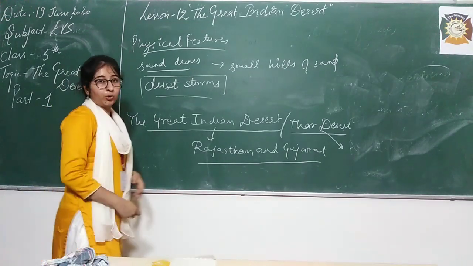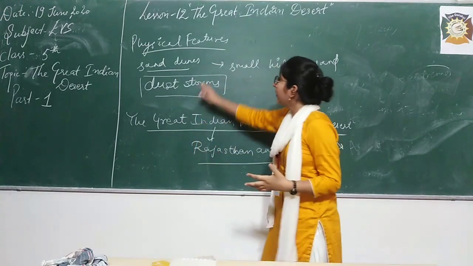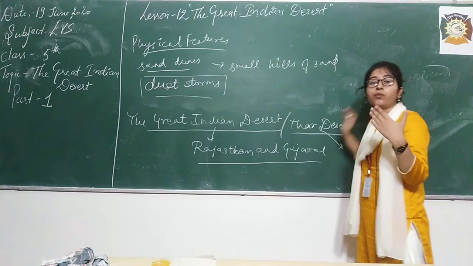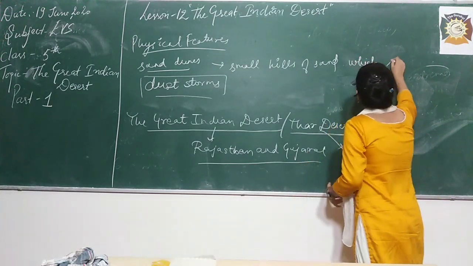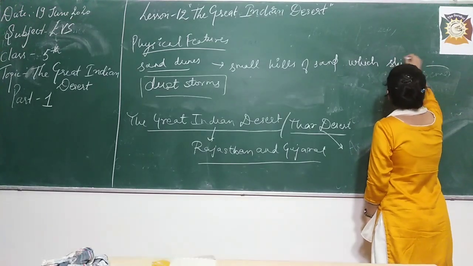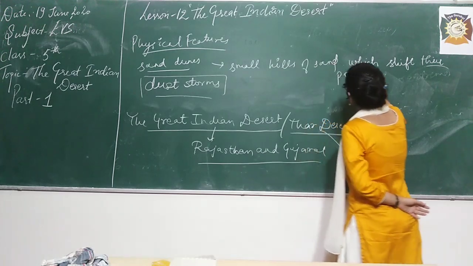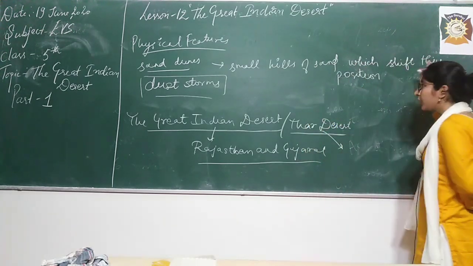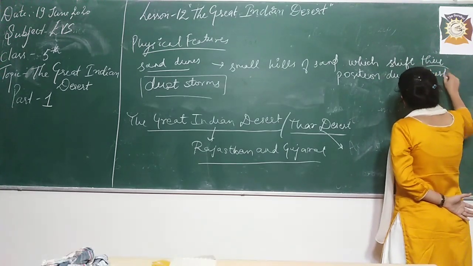So these sand dunes keep shifting their position, right? So what are sand dunes? Sand dunes are small hills of sand which shift their position due to dust storms, right?